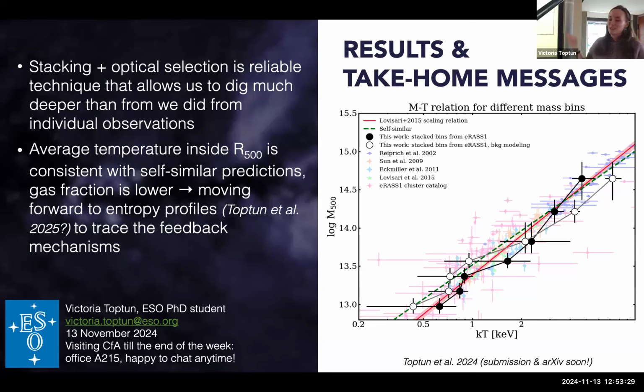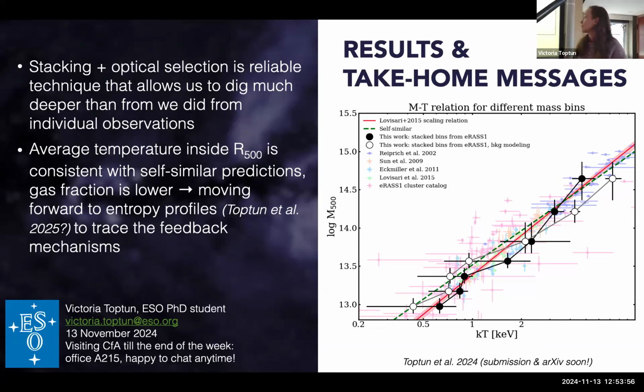And so here are my results. It's nice to have stacking together with optically selected sources, and we really can reproduce temperatures that we see originally. It means that with stacking, we can dig much deeper than we could before with individual sources, and it gives us new opportunities for further research.